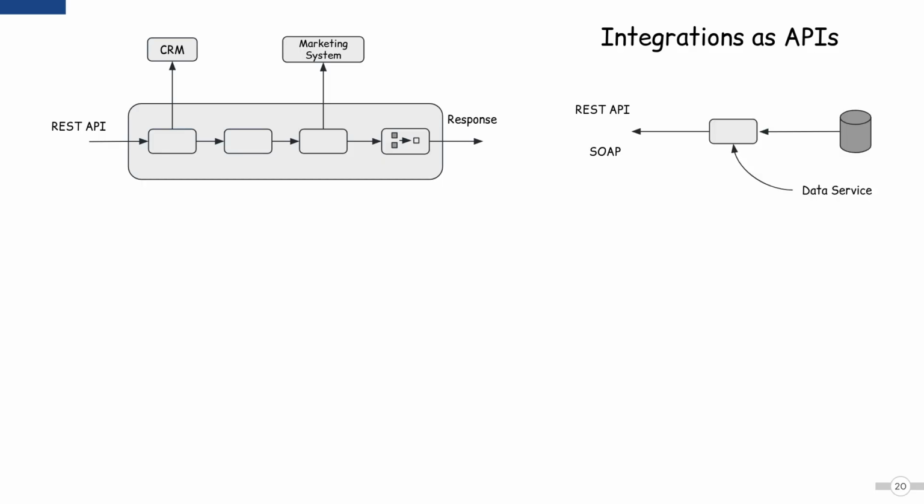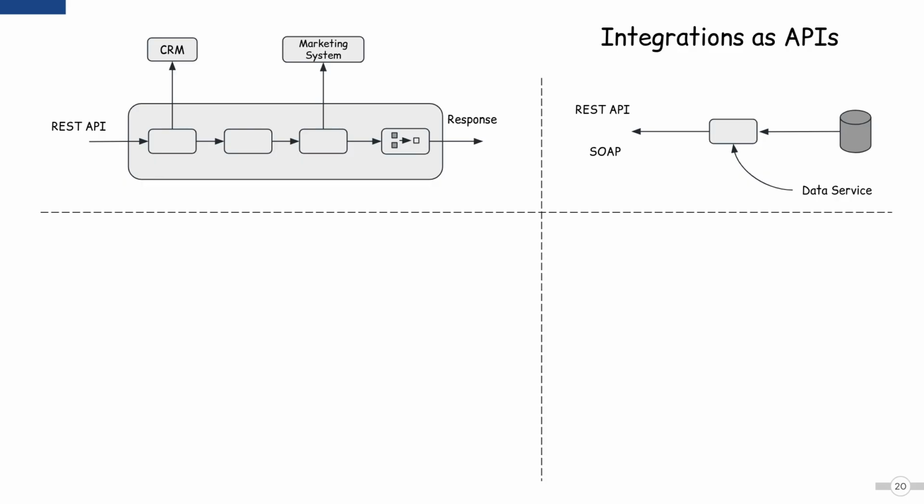And maybe you have a database and you want to expose those data or a way to manipulate the data in the database as APIs. So this is what is usually called a data service, and a good pattern when it comes to following modern architectures, because your applications don't need to connect with your databases directly. Rather, they can go through this data service. So how that can be accomplished is through APIs.